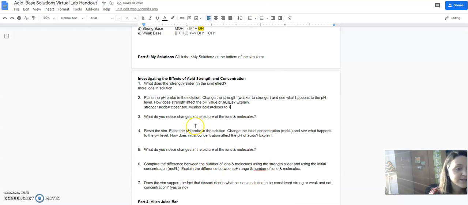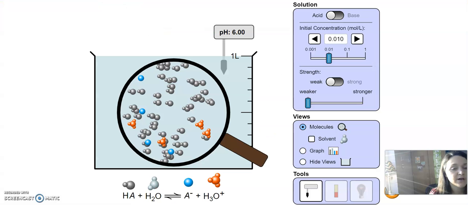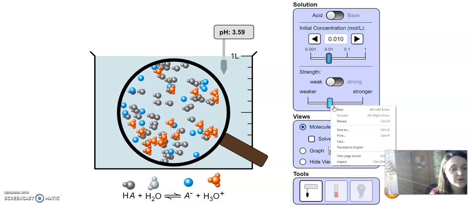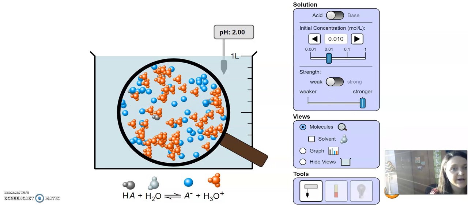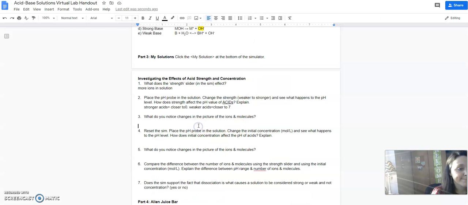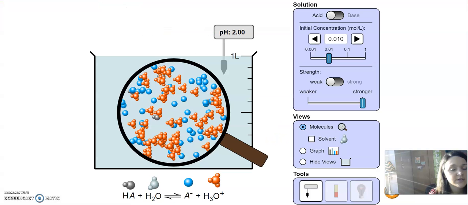All right. Now it says, what do you notice in the picture of the ions and molecules? When we're weak, not many ions. But when I change it to strong, we have lots of ions. Stronger acids have more ions. Now it says repeat the sim, place the pH probe, change the initial concentration, and see what happens. So we're going to change the concentration now.